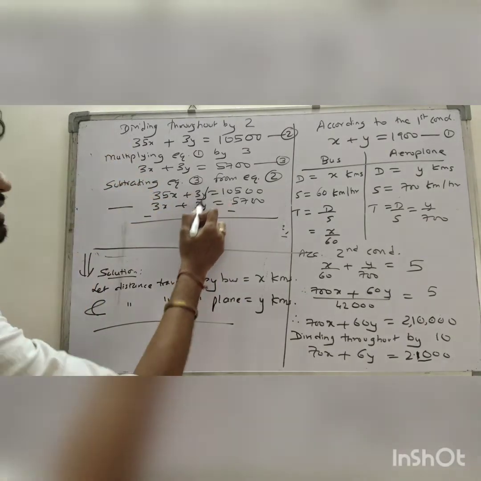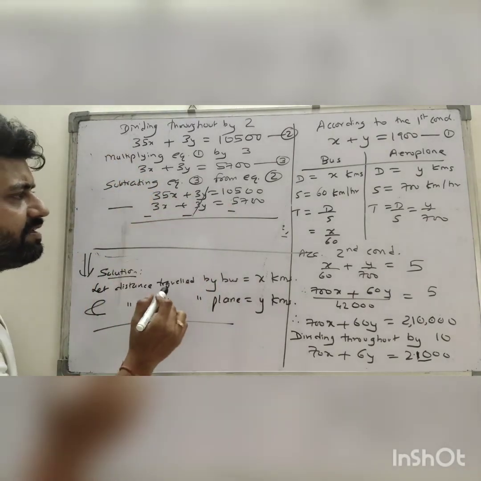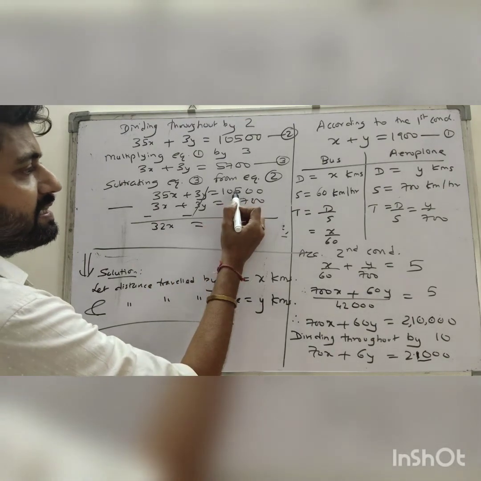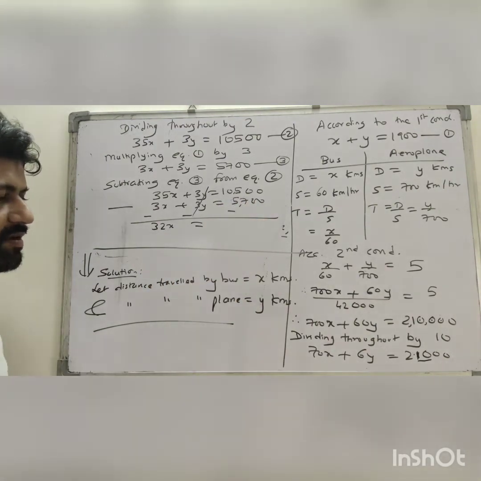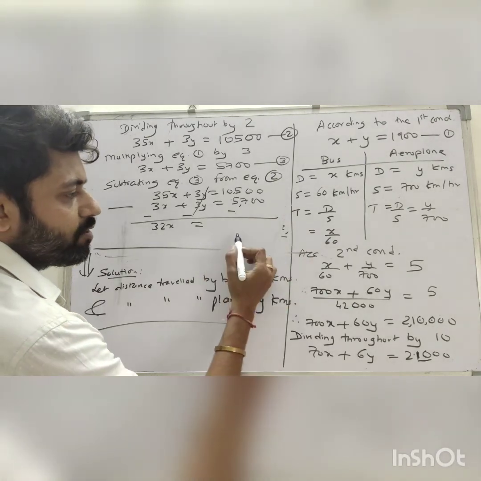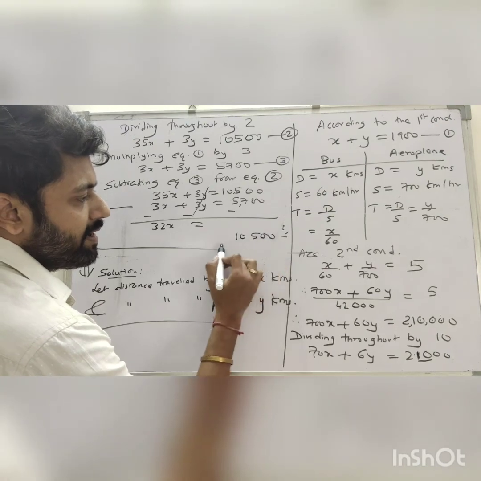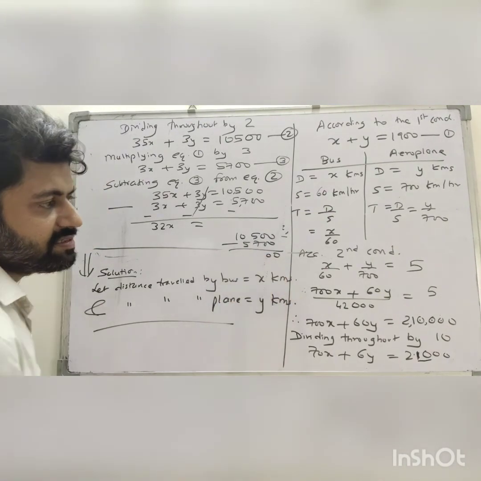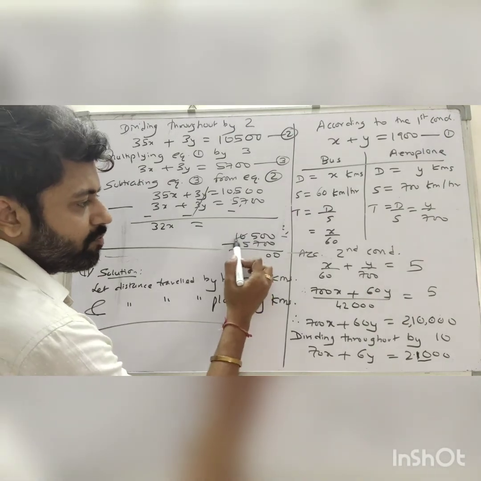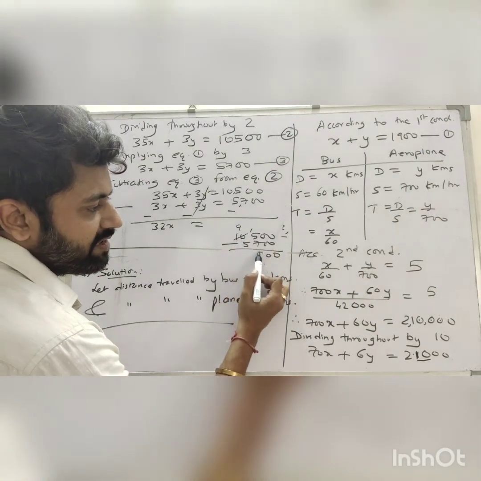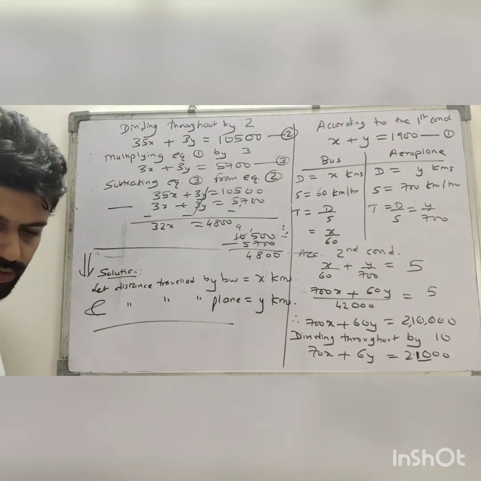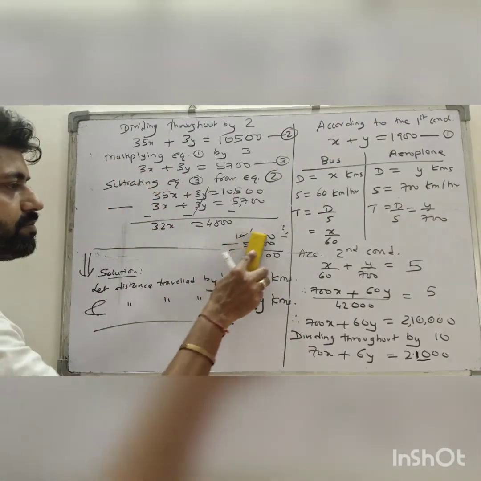Remember all these steps. 35 minus 3 will give us 32x. This is 10,500 minus 5,700. 0, 0. 7 cannot go from 5, we have to borrow. 15 minus 7 will give you 8. 9 minus 5 will give you 4. 4800.